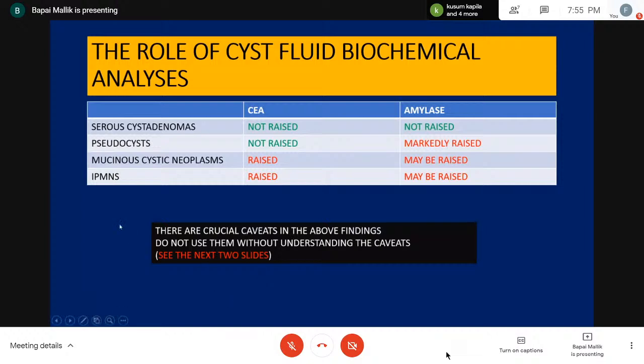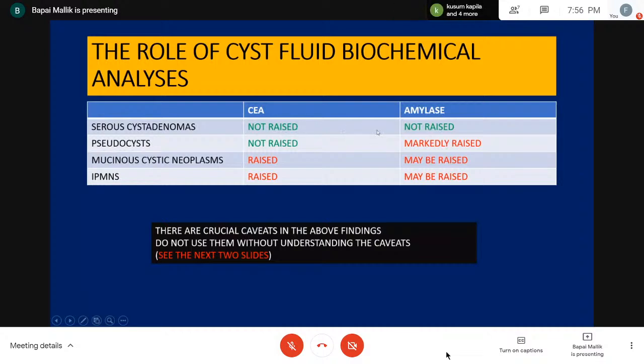If you have a cystic lesion where you have sent the fluid for CEA and amylase analysis and neither of them are raised, then you are dealing with a serous cystadenoma, because serous cystadenomas will not show a rise in CEA, they will not show a rise in amylase.